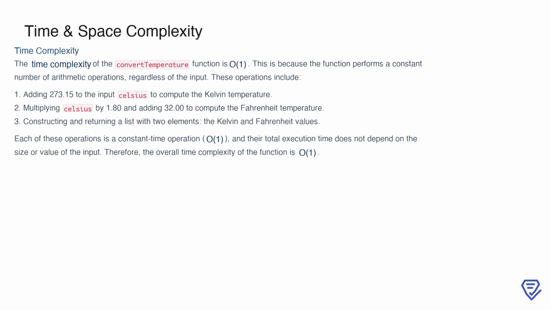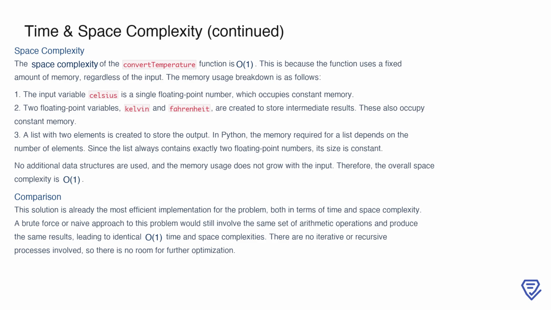Now, let's look at the space complexity of the convertTemperature function. The space complexity is also O(1), because the function uses a fixed amount of memory, regardless of the input. The input variable, Celsius, is a single floating point number, which occupies a constant amount of memory.